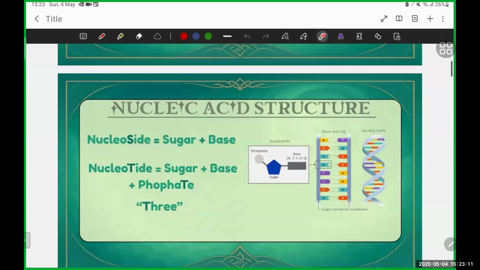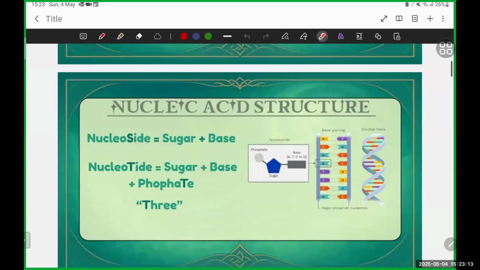And we know the names. We know adenine, guanine, thymine, right? There's two types of things that you should know. There is nucleoside and there is nucleotide. A nucleoside has an S in it. If you know nucleotide, you automatically know what a nucleoside is.